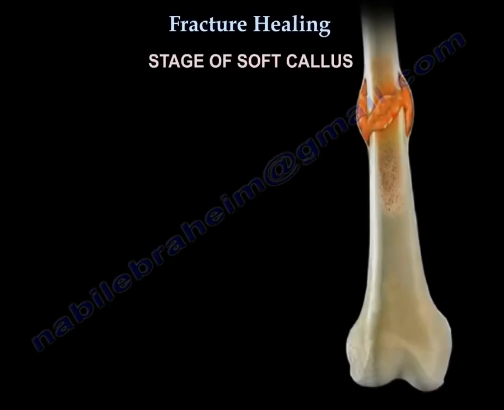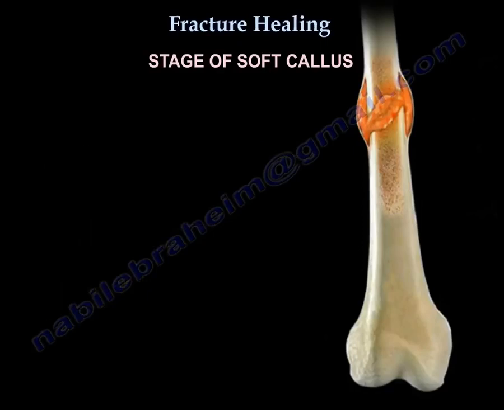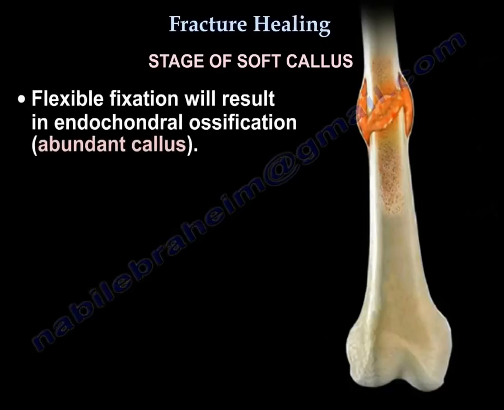Stage of soft callus. Soft callus occurs within 2 weeks. The amount of callus correlates with the immobilization. The stiffer the immobilization, the less callus. Flexible fixation will result in endochondral ossification and abundant callus.